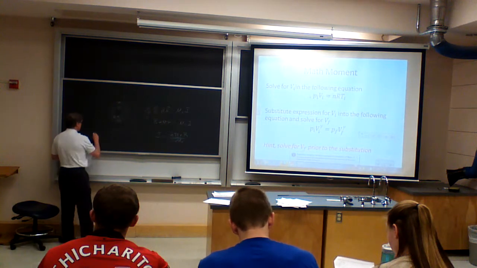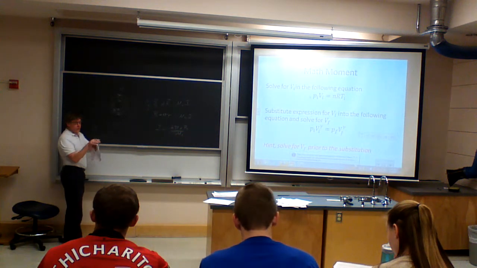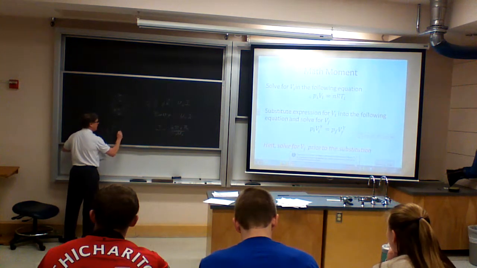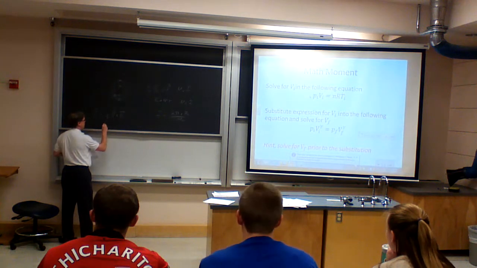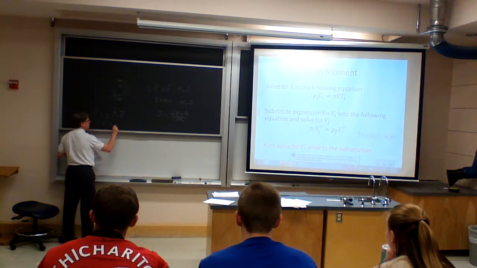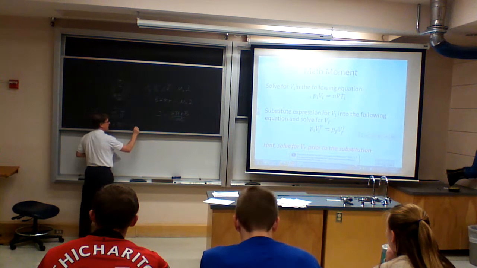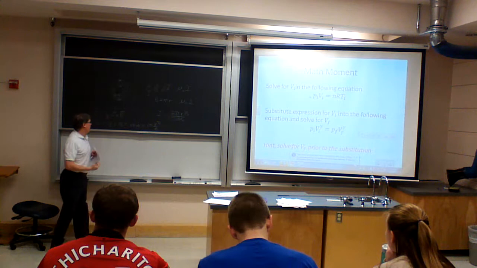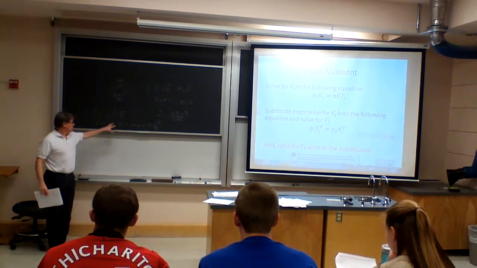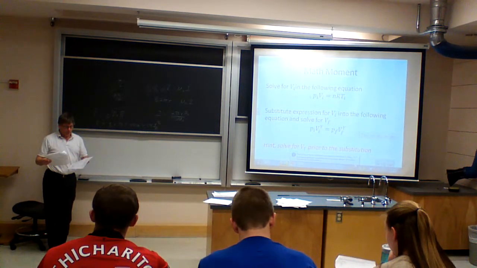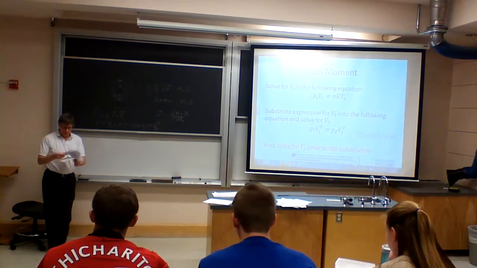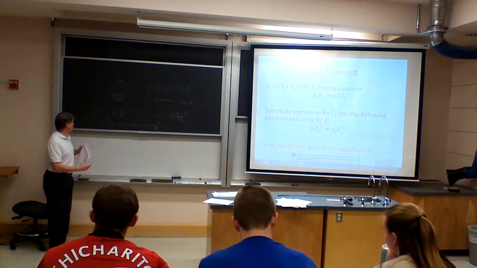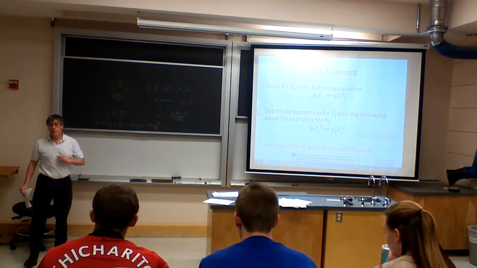Our force is Q v cross B, but v and B were perpendicular, so the magnitude of the force was Q v B. That's equal to mass times acceleration, which is m v squared over r. We know everything except for Q, and at that point, I can solve for Q.